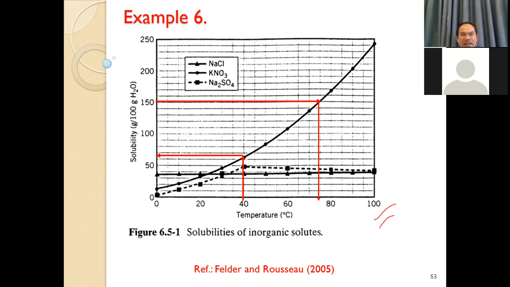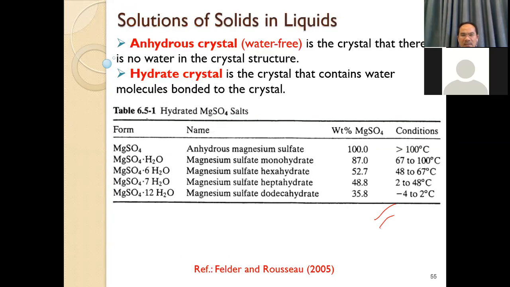For the next example, we talk about crystallization, but with anhydrous and hydrate forms. I think you studied this in chemistry. When solid or crystal forms, there may be some molecules of water that also interact with the molecules of the solid. In that case, we call it a hydrate crystal.